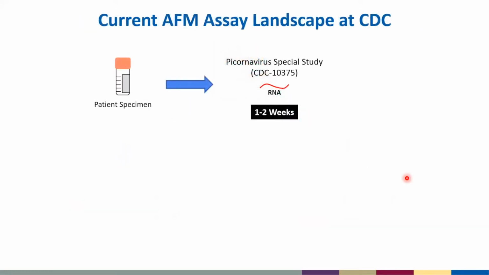So currently, and again, Matt touched a little bit about this. When we get patients going into the clinic and we collect samples, and this goes from stool to CSF to nasopharyngeal swabs, and they come into us, our MO is we get these samples, and these are done through the CDC test directory. And they come into one of our labs where we look for the presence of RNA, right?